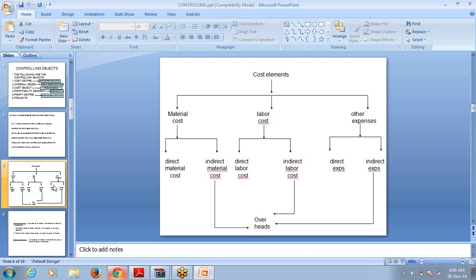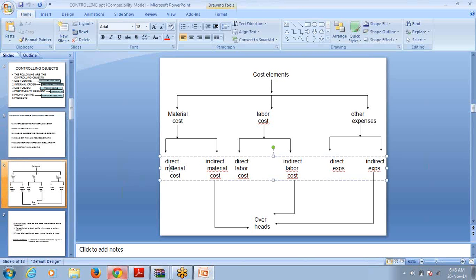See, the cost of the wood is a higher portion, the cost of the iron frame is a higher portion, the cost of nuts and bolts is a very low portion, only $1. So, direct material cost always occupies a larger portion. That is why first you have to concentrate your analysis activities on the direct material cost.